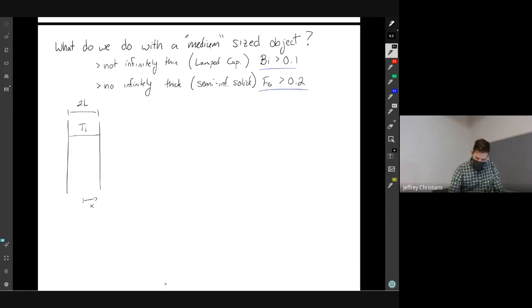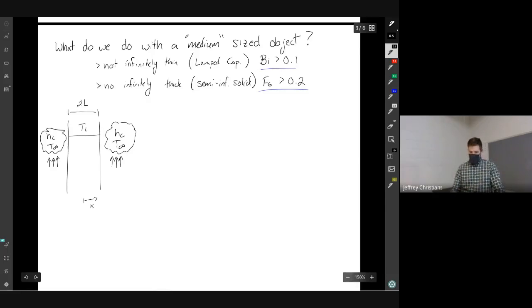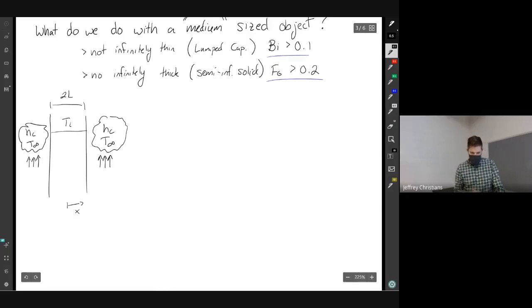And on either side of our object, we have convection, our little fluffy cloud of convection, on either side.